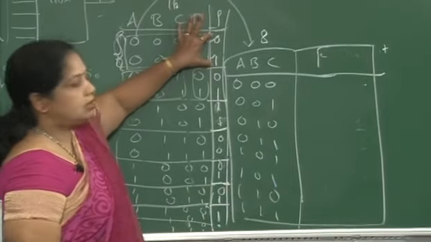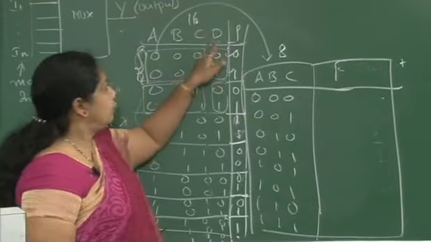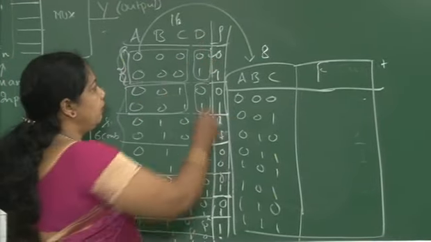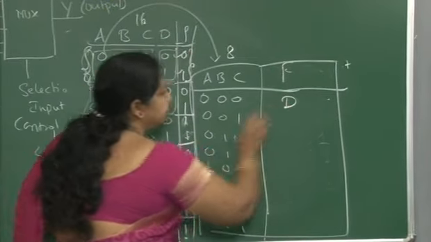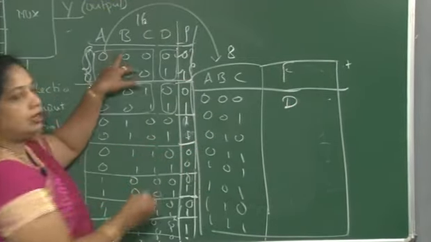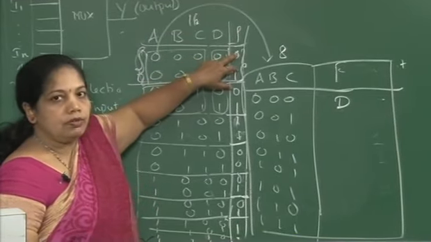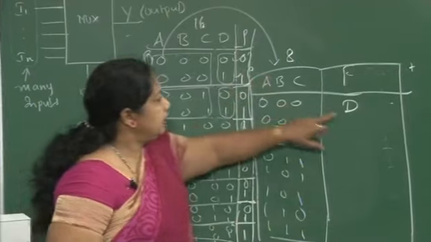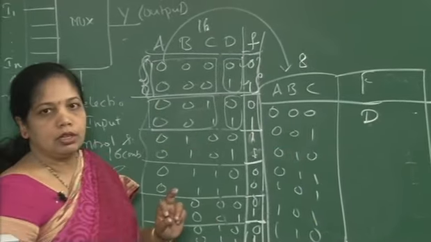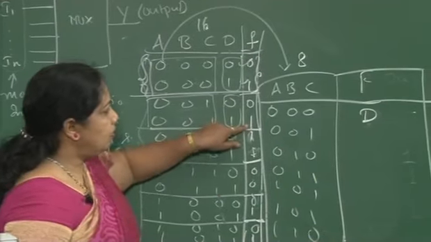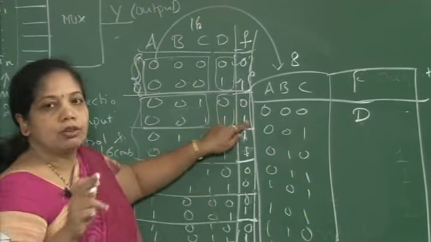So based on this, now I will be writing my output as a function of this D. So if my output is 0 1, I represent this as D. So for the first combination, output is 0 1, so I will be writing it in terms of D. Now once again 0 1, for the 0 0 1 combination we have 0 1.